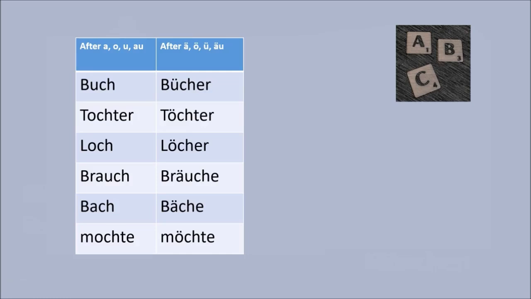You wouldn't just say Tochter or Töchter. You might say, ich habe eine Tochter, and then the eine is giving away that it is just one daughter. Ich habe zwei Töchter. The zwei is giving it away. Whether you're saying ich mochte or ich möchte, most likely the context would already work out what you said.